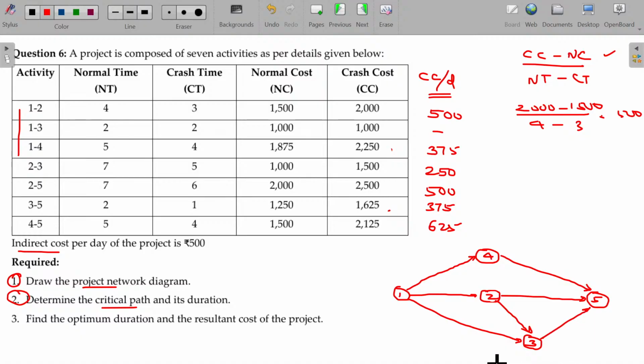Hope now you'll be able to understand the network diagram. Okay, network diagram.